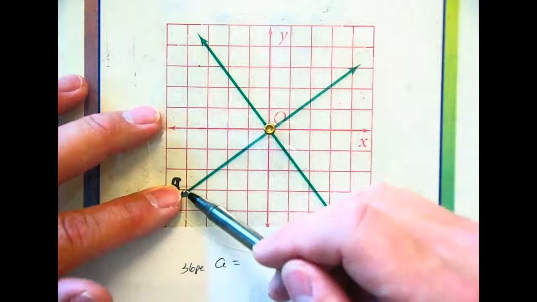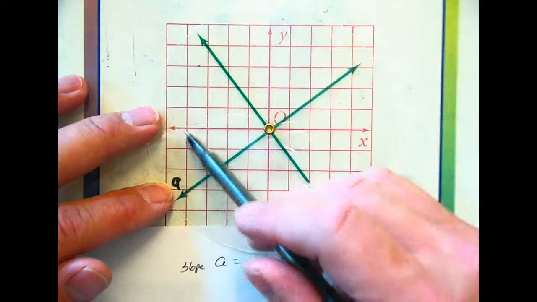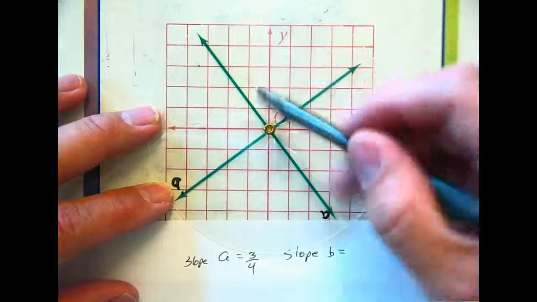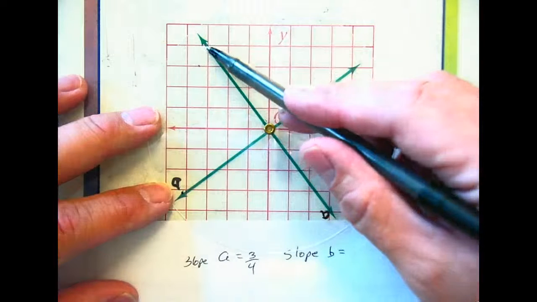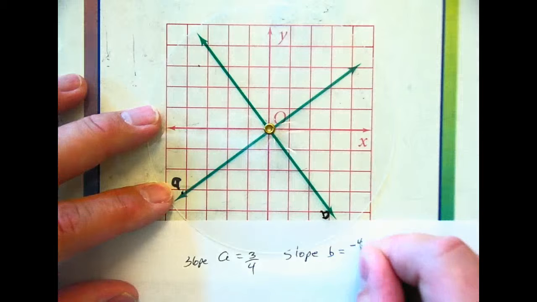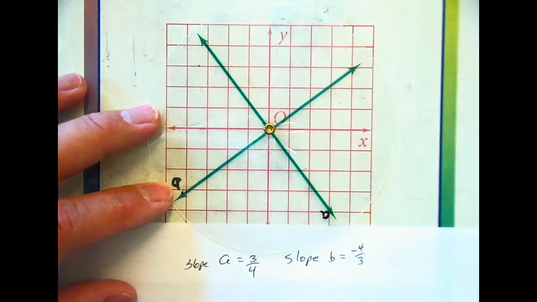Slope of A, going from here to there, we rise 3 and we run 4. Everyone agrees 3/4? What's the slope of B? Drop here, go this way. -4/3. What do you notice about those slopes? Good, they're opposite reciprocals.